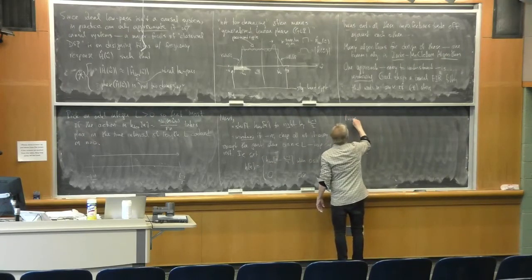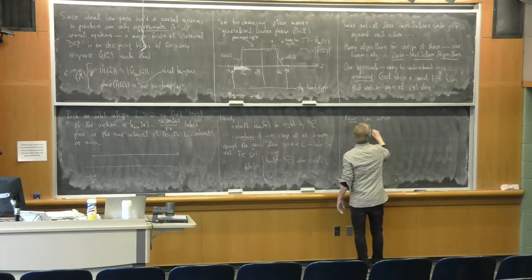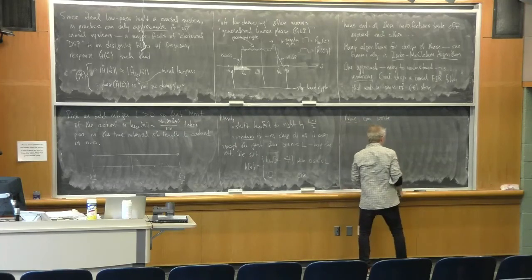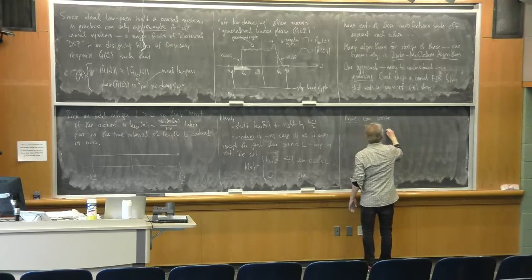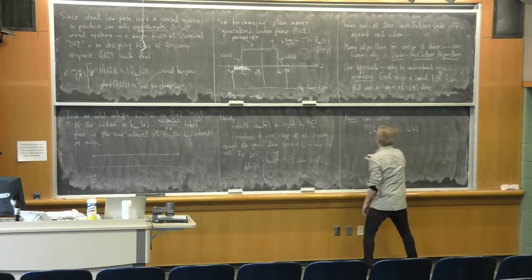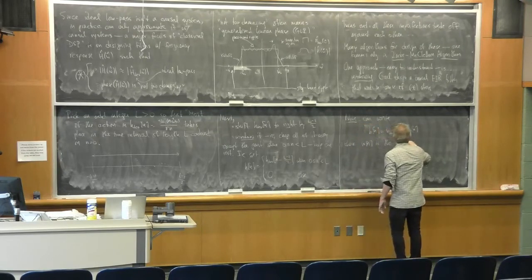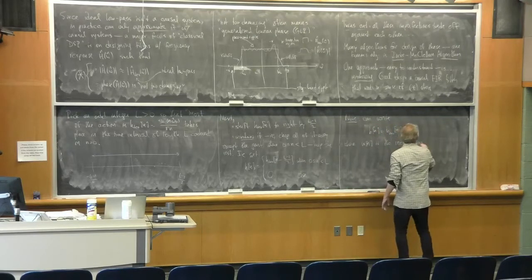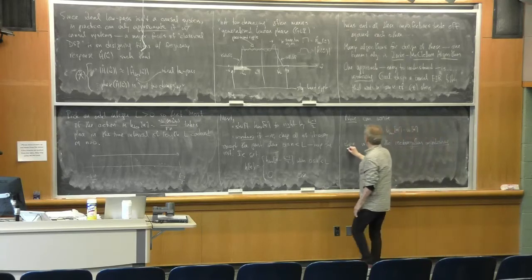So here's a comment. Note that you can write h of n as h desired of n times a windowing function, W of n, where W of n is the rectangular windowing function given by the following formula.